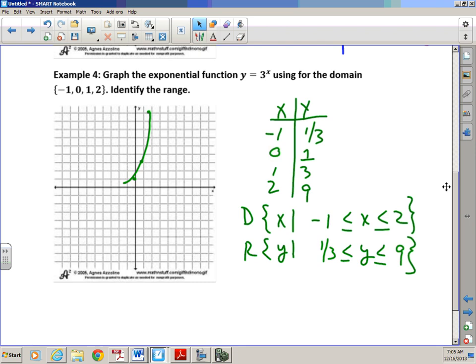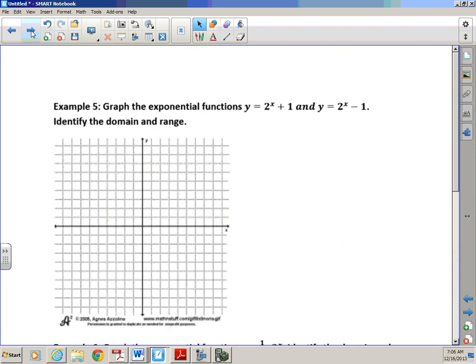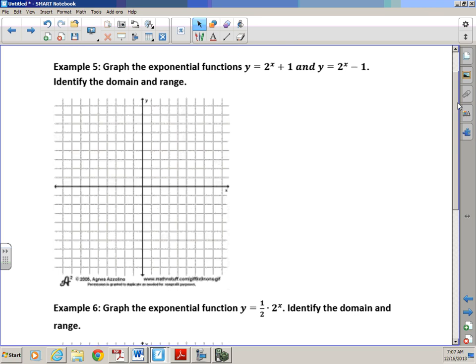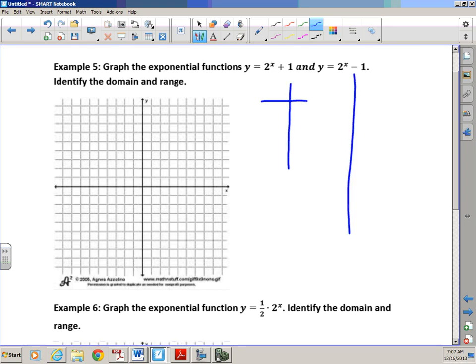All right? Next two examples. Now we're going to be adding or subtracting a value because I want you to see how that looks different. Okay? So again, I'm going to do these two here. You would be getting all of these values off of the calculator.